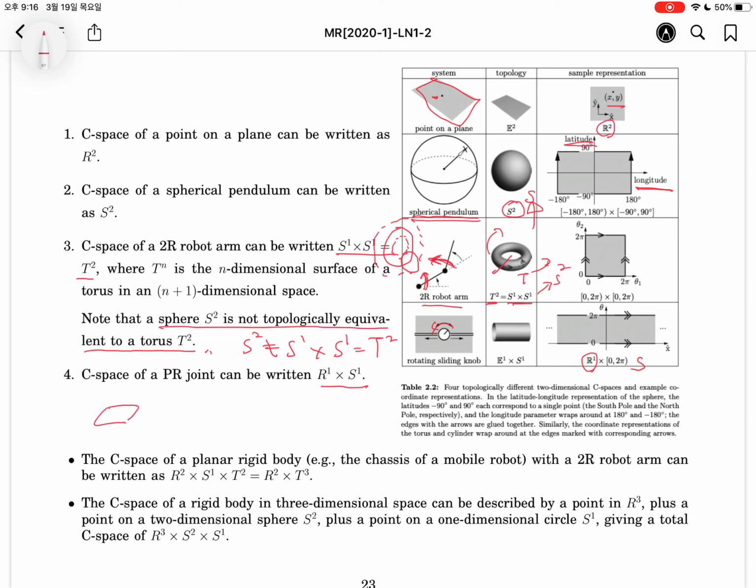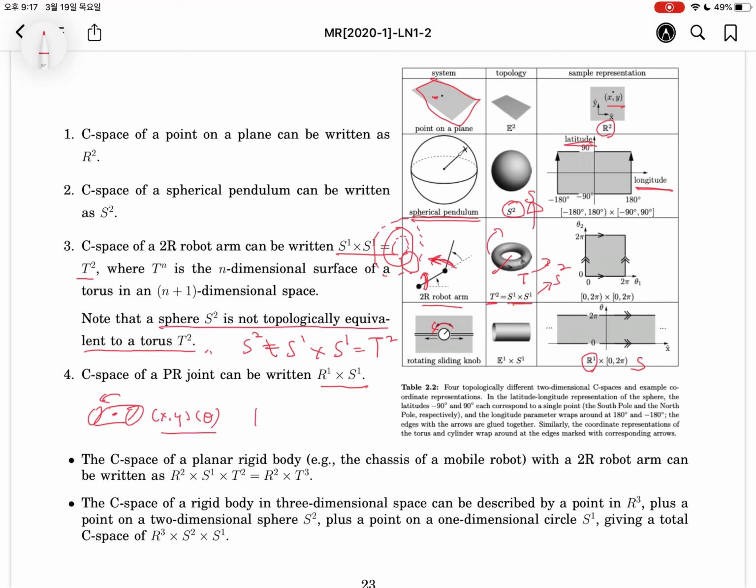Okay, let's consider one more, a mobile robot system. Two wheels exist on both sides. Let's take the point here. Maybe the X and Y will be enough, and the rotational angle should be added to express the rigid body motion on the plane. Is that right?